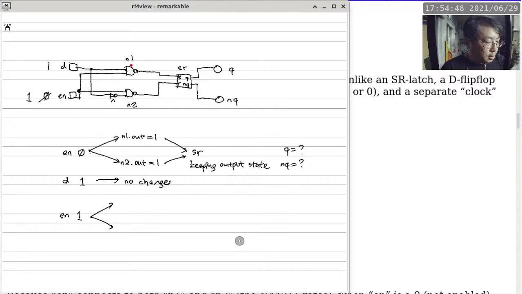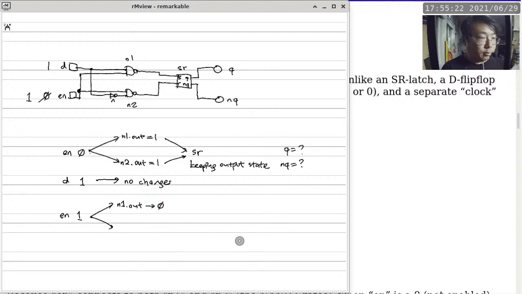N1 is going to say, I can see my first input, D, is maintaining its state of 1, and the other one, EN, has now changed from a 0 to a 1. So as far as N1 is concerned, all of its inputs are now 1s, which means the output of N1 is going to become a 0. So this is leading to N1.out becoming a 0.